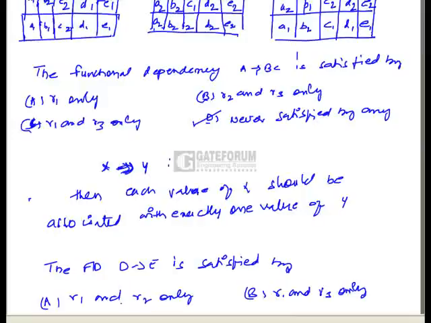Hence, R3 satisfies the functional dependency D gives E. So, R1 and R3 satisfy the functional dependency D gives E, which is option B.